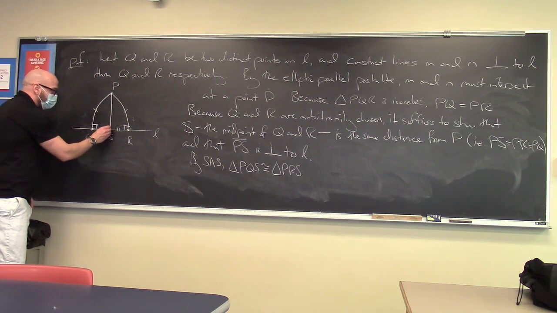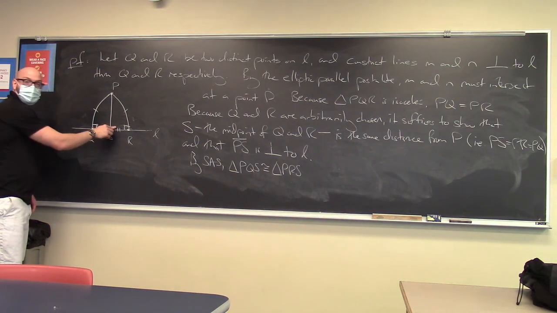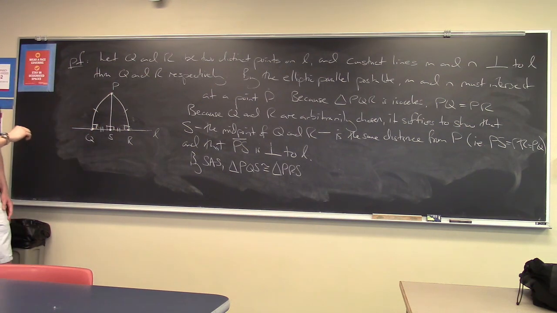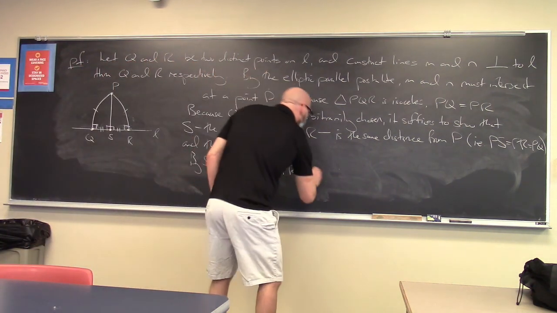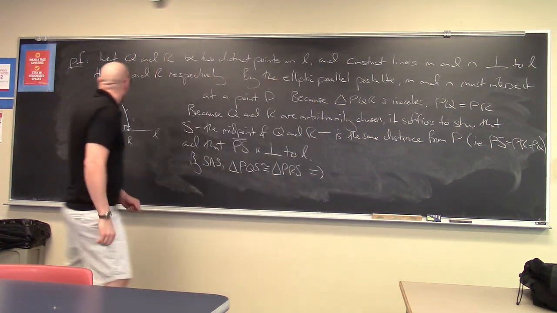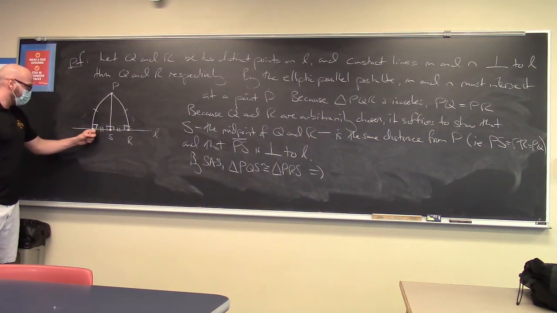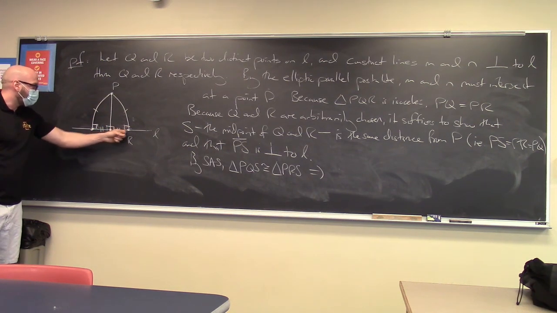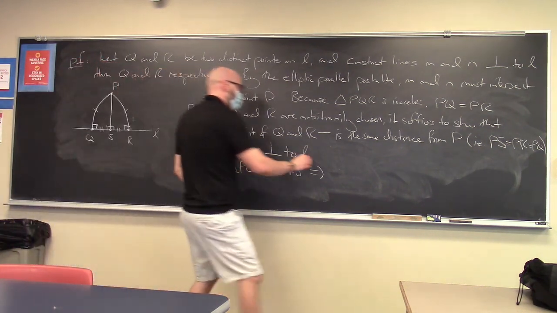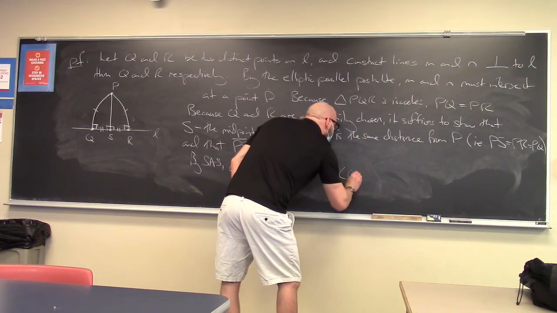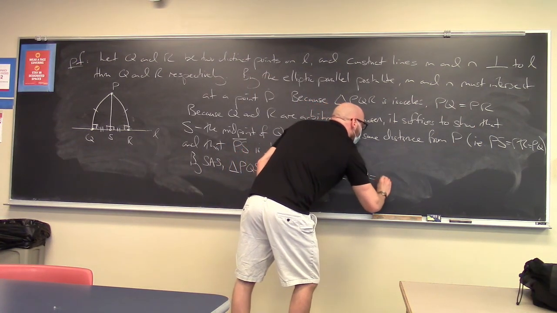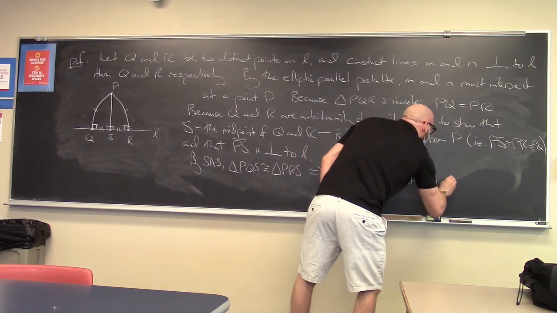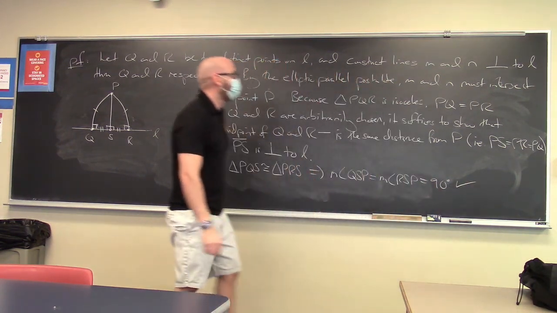That implies that both of these angles here must be the same. If they're the same and they're linear, then they must both be right angles. So the measure of angle QSP is equal to the measure of RSP, which is 90 degrees, which is what we wanted.